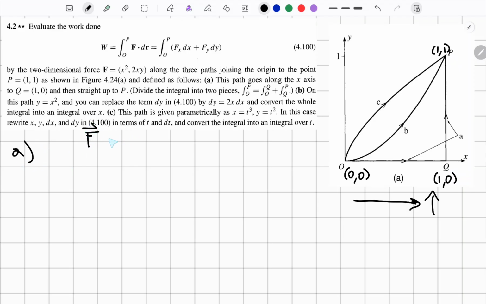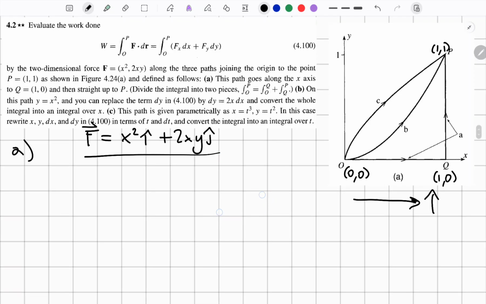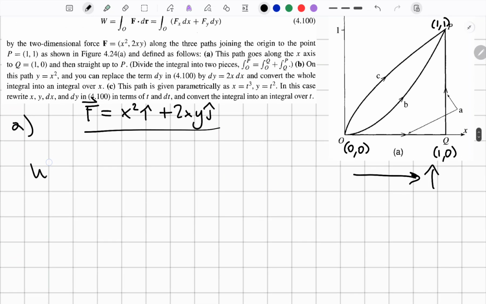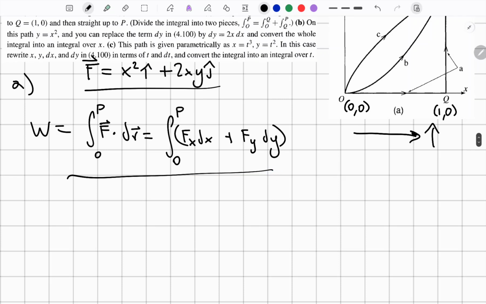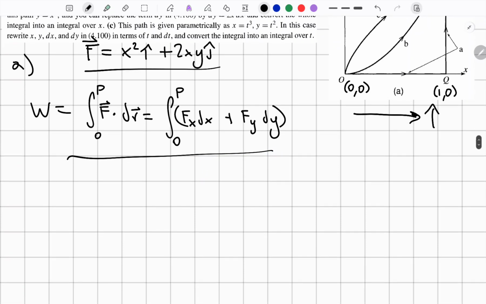We know that our force is x squared i plus 2xy j, and our work is going to be from O to P of F dot dr, which is the same as evaluating that integral right there. So let's first create an integral to represent this path here.